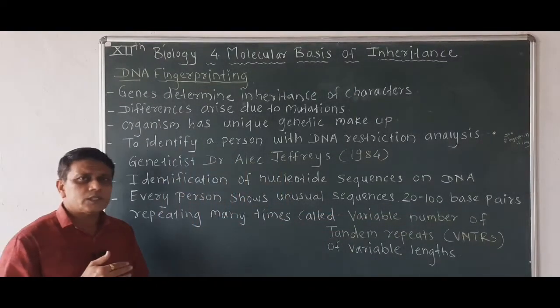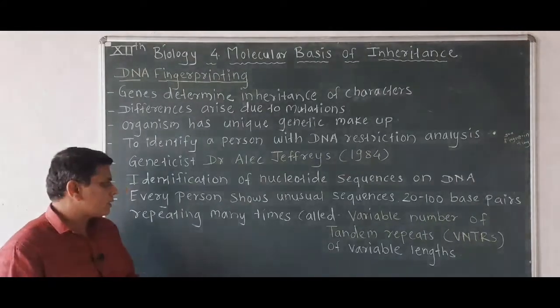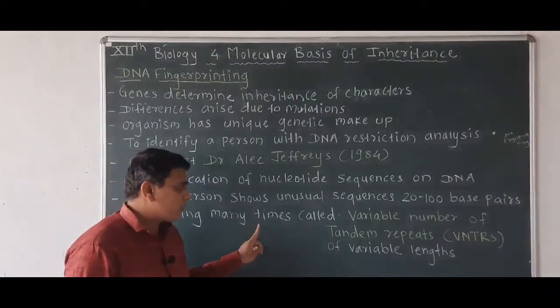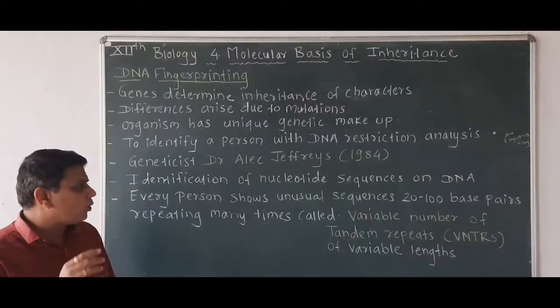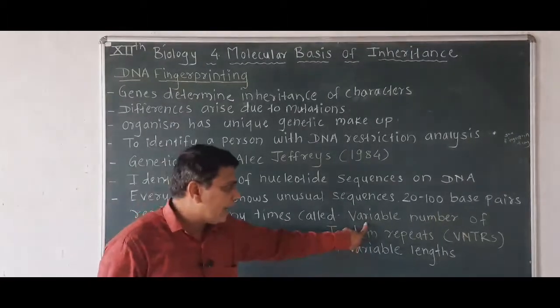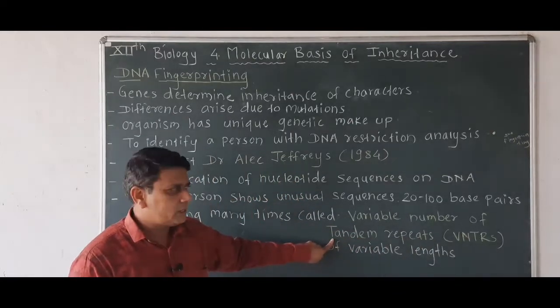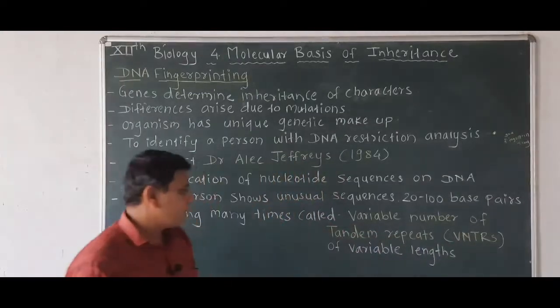These sequences repeat at regular intervals and they may repeat many times. Such a repetition in the base pair or nucleotide sequences is called variable number of tandem repeats. In short, it is called VNTRs.